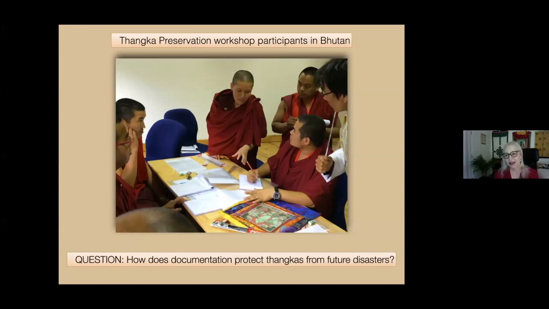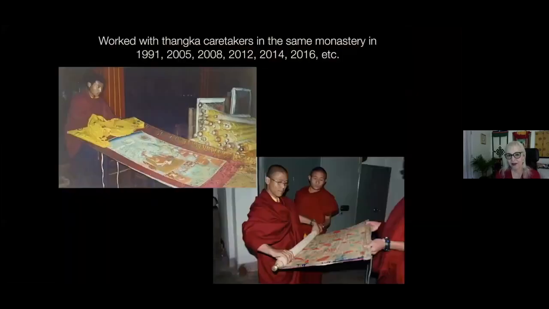And that's why documentation of what thangkas you have, where they're located, and how they've been treated is so important. And also, if a thangka is damaged by rolling and unrolling, the future generation should have pictures of it and the history of it. It's all in the documentation.